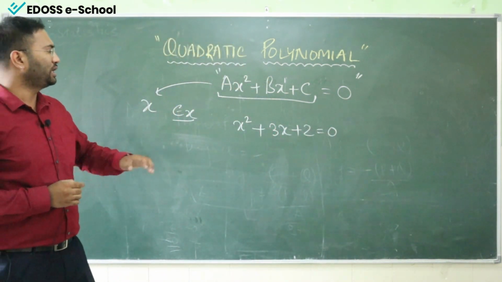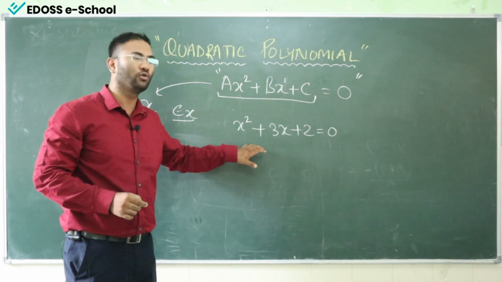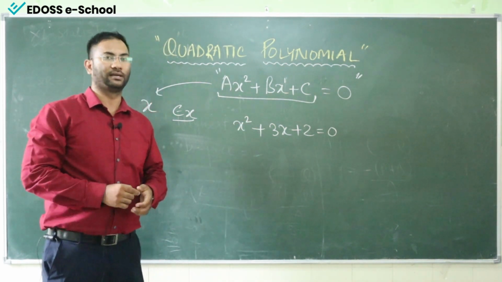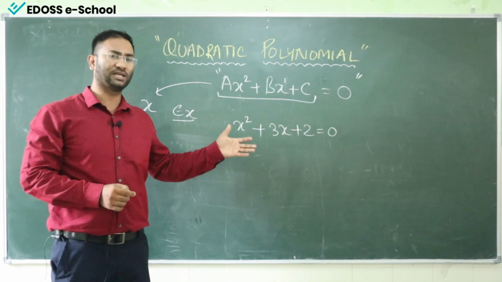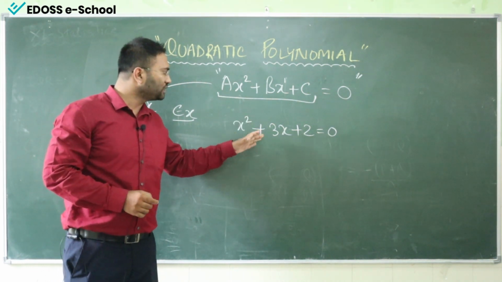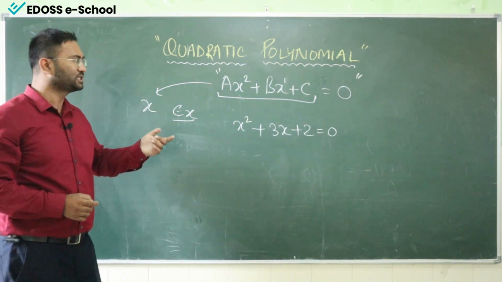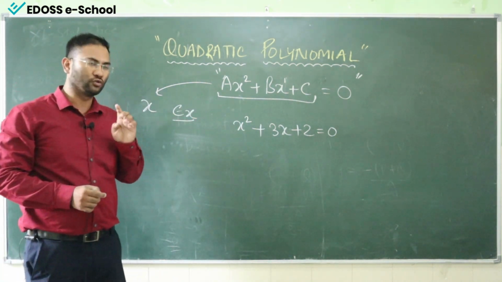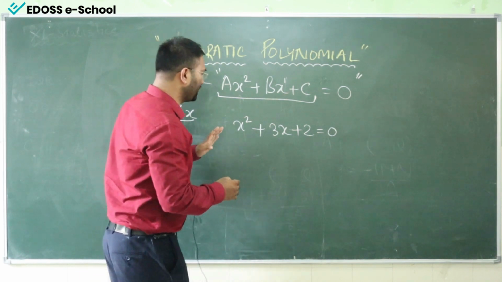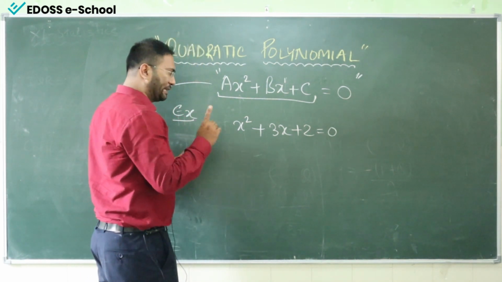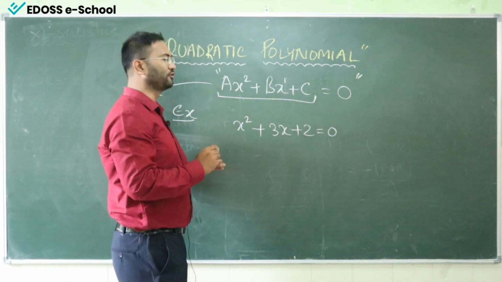The question is, we have to find the value of x by factorizing it. The first step is to find the factors, then we move on to the next part, which is finding the value of x. So keep a check on it: first factors, then the values of the factors.